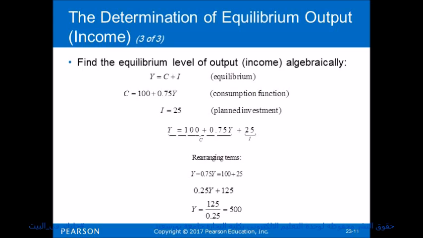So we have y equals 125 in the numerator divided by 0.25 in the denominator, giving us 500. 500 is the value of the equilibrium output in this case.